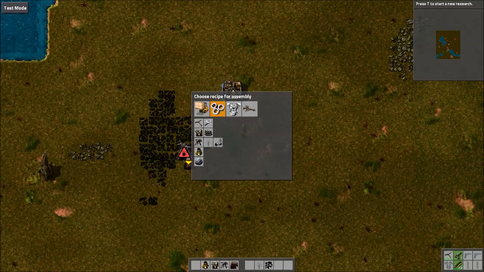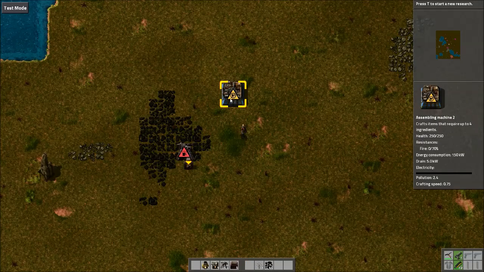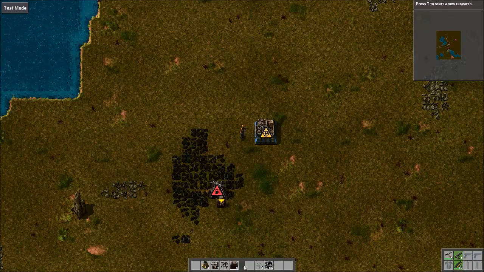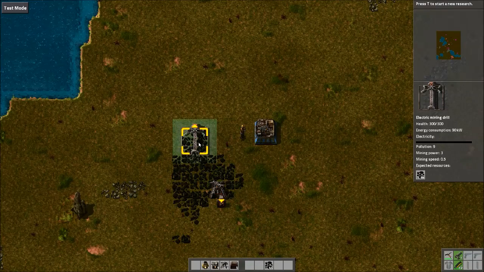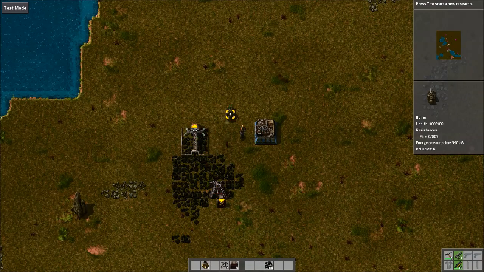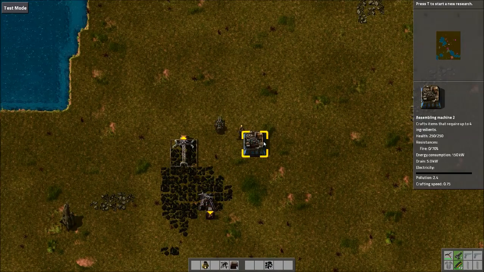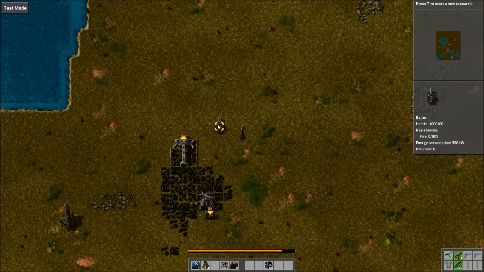An assembling machine produces, if I can find it, 2.4. It's there under the electricity consumption. An electric miner produces 9, boilers produce 6, I believe, and so on and so forth. Some things don't produce pollution, like steam engines themselves do not produce any.